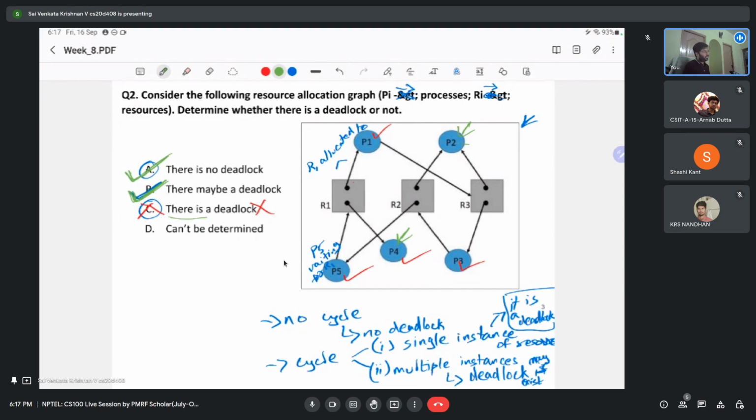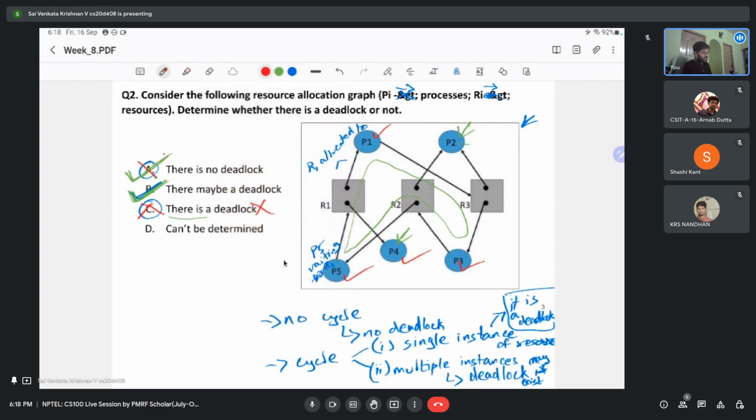They cannot be preempted, and they don't go into the finished state. They always need these resources. Then this cycle will always be there, because P2 and P4 are not releasing their resources, and we cannot tell for sure that there would be no deadlock.